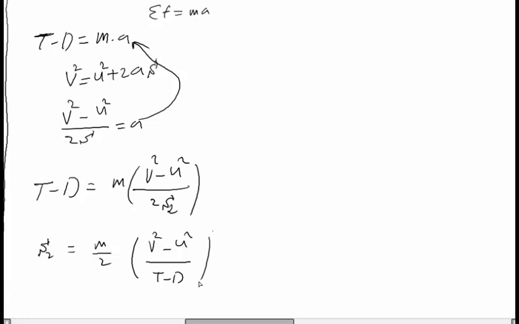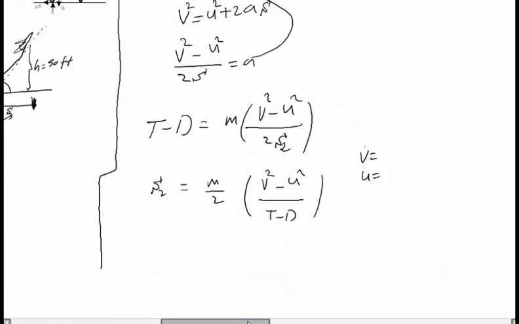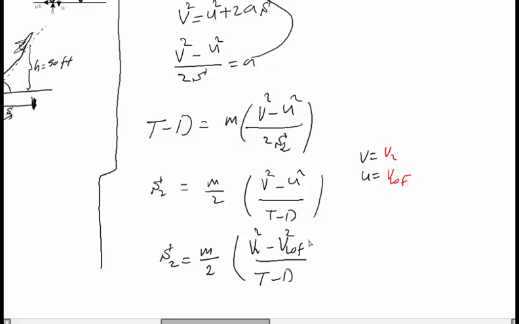Here we need to know what v, the final velocity, is equal to and what u, the initial velocity, is. As you can see at this point, the initial velocity for S2 will be v lift off, and at this end point, this is the final velocity. Let's say it's v2. So we substitute all these here, this v2 and this v lift off, so we get s2 equal to m over 2 times v2 square minus v lift off square over thrust minus drag.